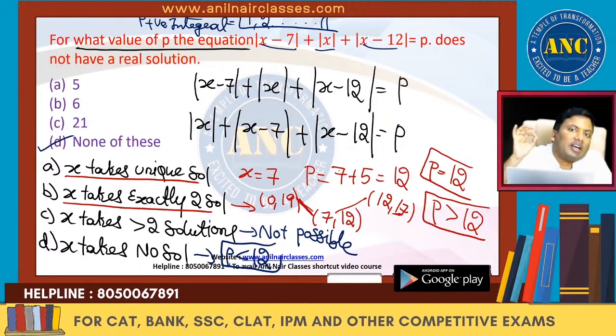First write the critical points in ascending order. If the number of modulus functions is odd, if 3 are there, I will get the middle value. If 5 are there, 2 to the left, 2 to the right, the middle value I will get. It's very, very easy to find out all these questions if your understanding is very good.